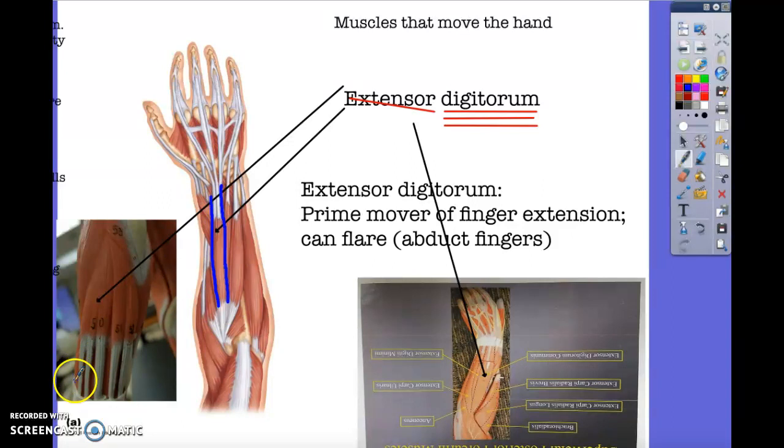And on the real arm, you can trace those tendons on the arm model also. Okay, extensor digitorum.